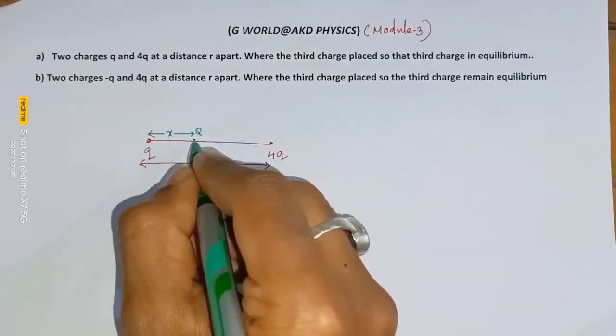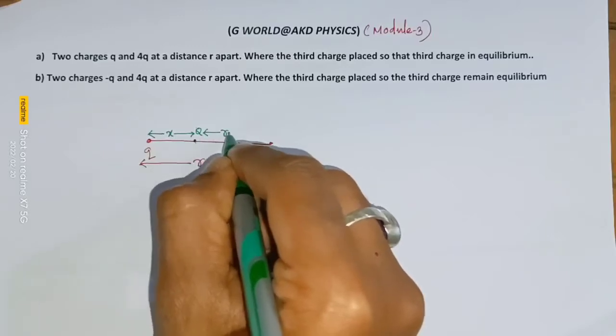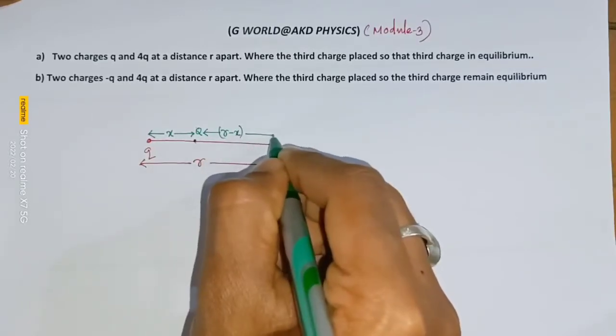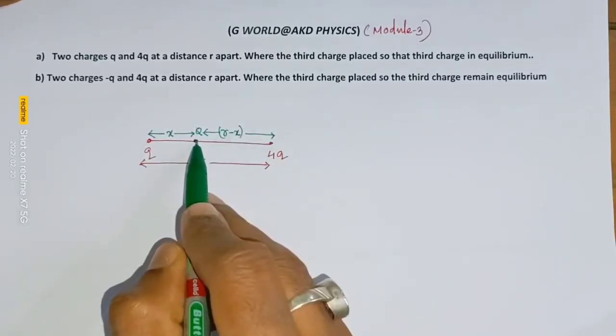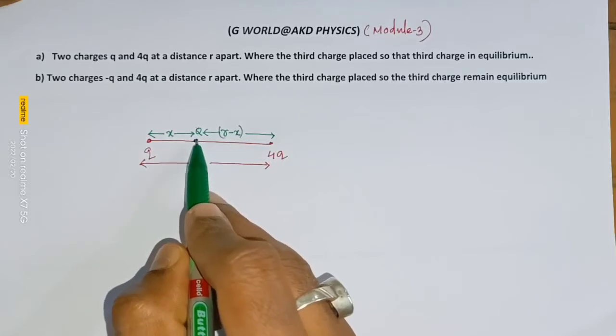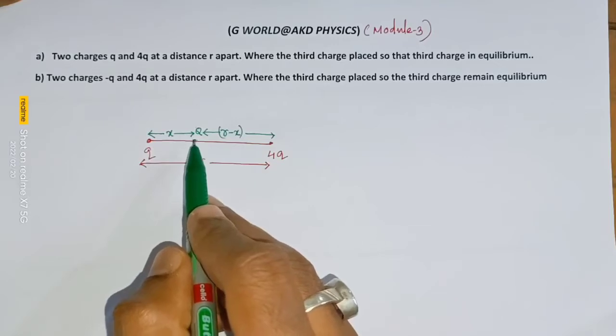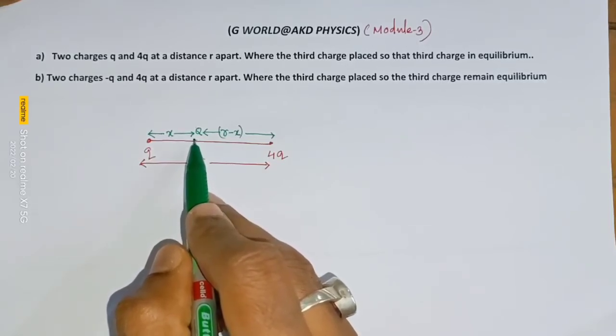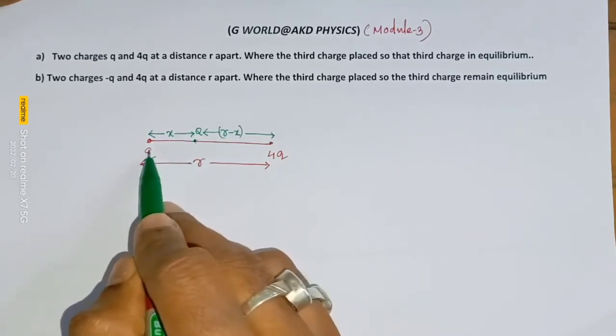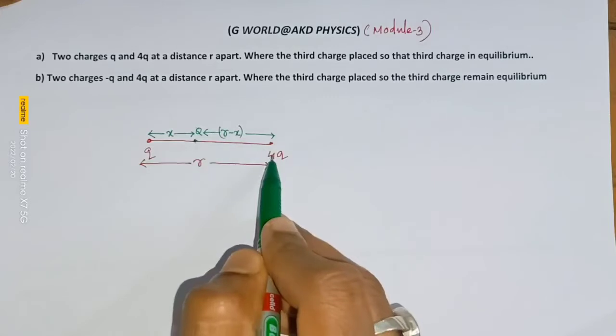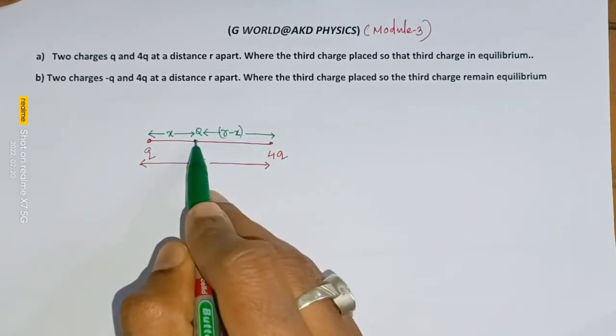If this distance is x, the other distance is r minus x. If this charge is in equilibrium, the net force on it must be 0. So the force due to this charge and the force due to the other charge must be equal.